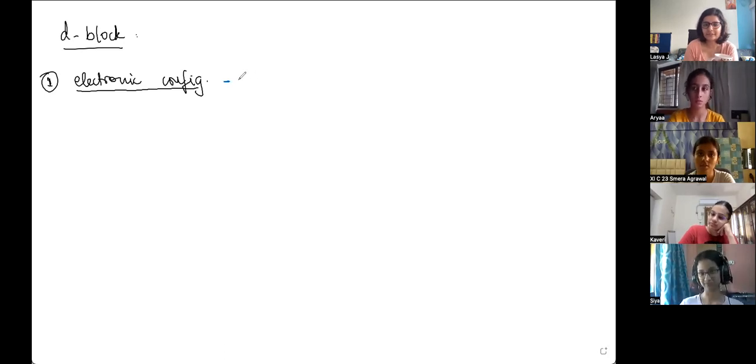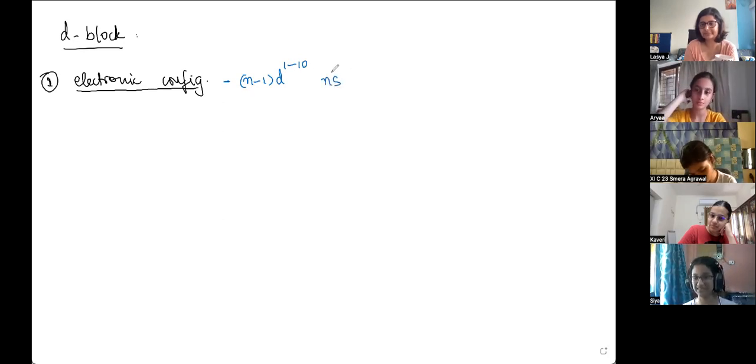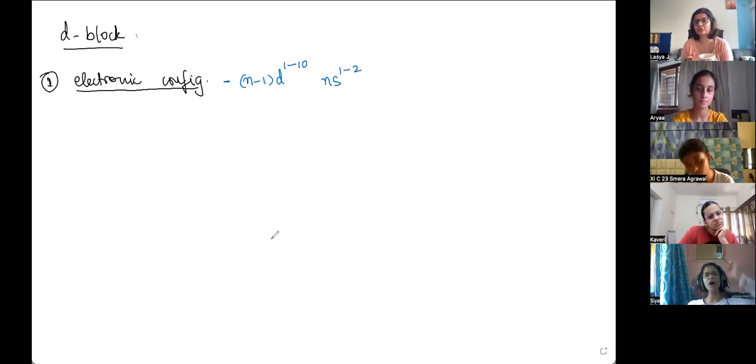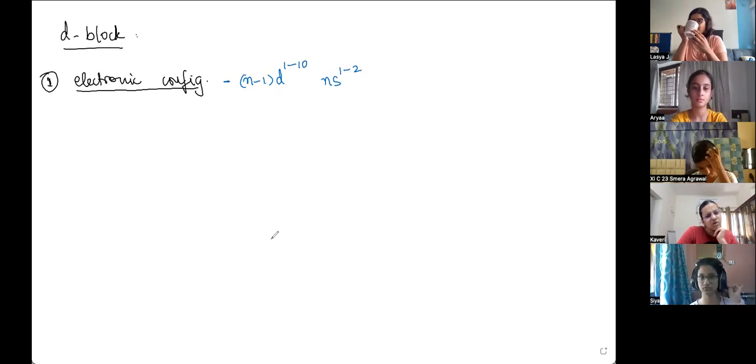So ns can be either 1 or 2. And (n-1)d is incomplete, ranging from 1 to 10. And ns, theoretically, should be 2 because s is filled first, but there are a couple of anomalies. It is 1 or 2.